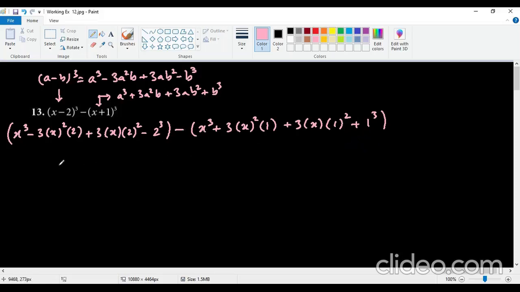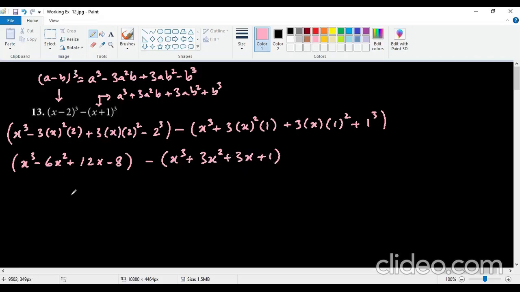This is the second formula. Now simplifying within the bracket itself, x cube minus 3 times 2 is 6, x squared plus 3 times 4 is 12, x, and minus 8 from the first bracket, negative x cube plus 3x squared and plus 3x plus 1.